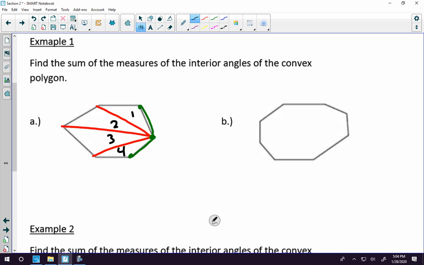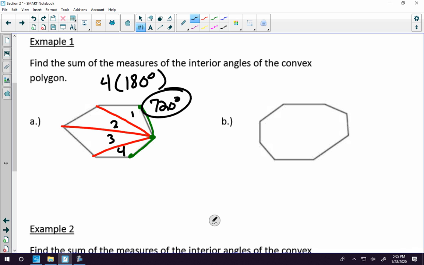So the long route is the way I just showed you, by finding how many triangles are inside of this convex hexagon, by actually drawing the triangles and then realizing that there's 4 triangles in there. The sum of the 3 interior angles of one triangle is 180 degrees, but we have 4 triangles, so the sum of the interior angles in this convex hexagon is 4 times 180 degrees, which is going to be 720 degrees.